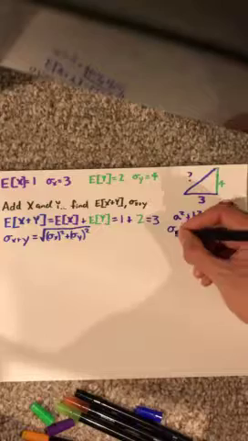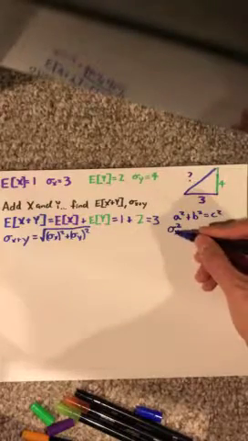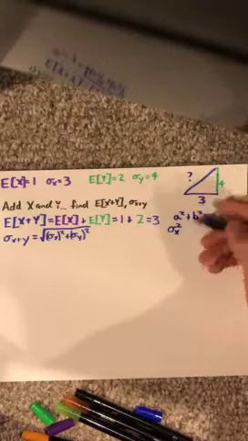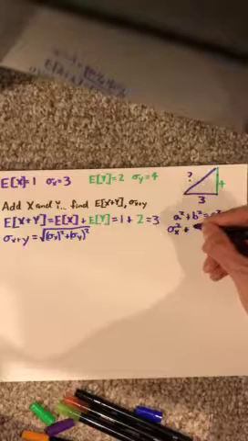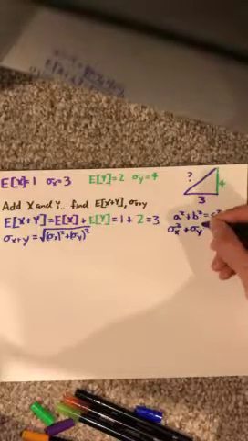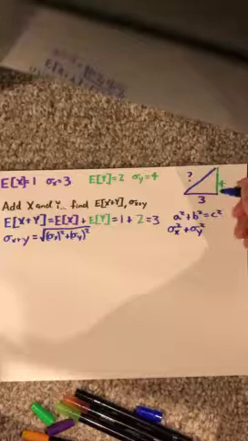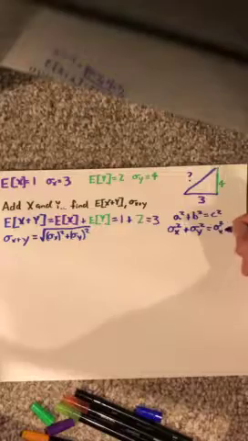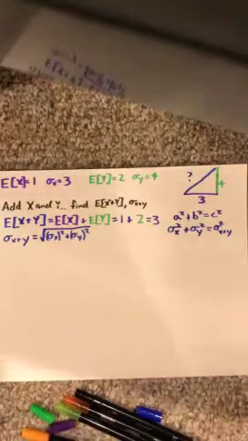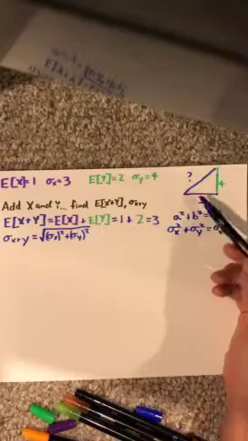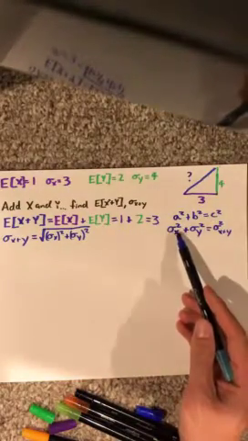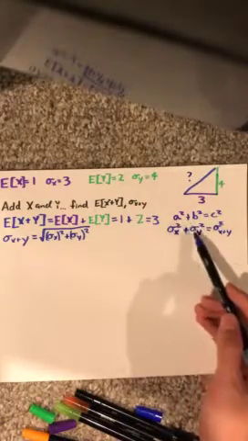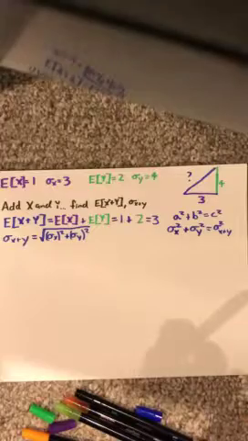So we would write that the variance of x, our standard deviation squared, is our variance, really. And then we have our standard deviation squared of y, equals our standard deviation squared of x plus y. You should be able to see that all these squareds work together. So this is just like solving a Pythagorean theorem, basically.